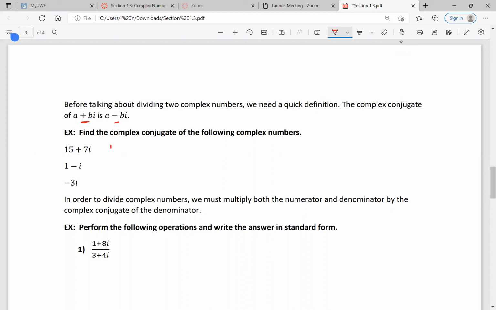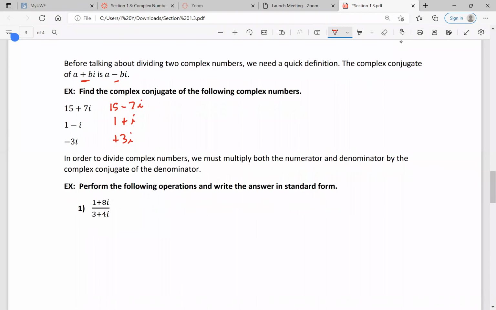So in this case, we have 15 minus 7i. Here I have 1 plus i, and here I would have simply plus 3i. So here's the thing. In order to divide complex numbers, you must multiply both the numerator and denominator by the complex conjugate of the denominator.